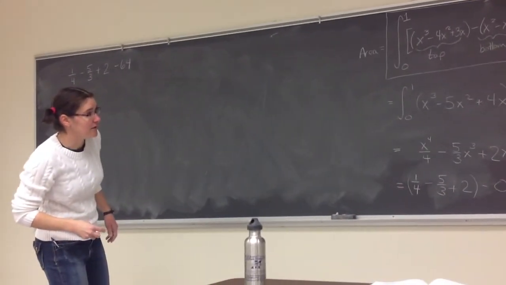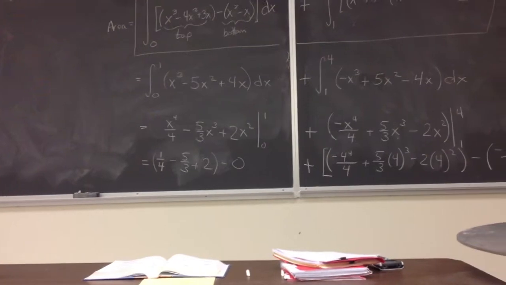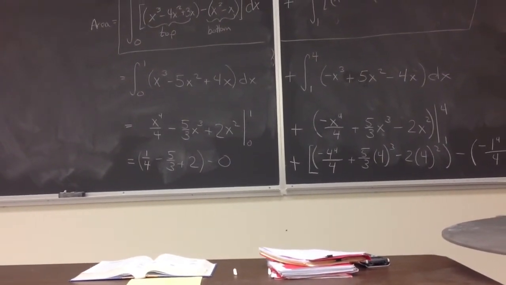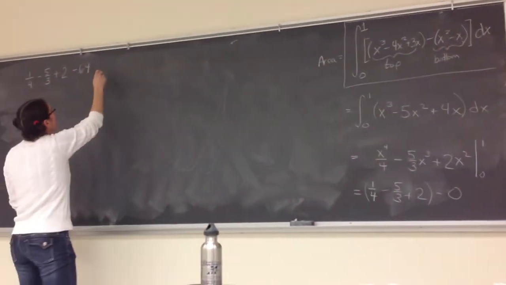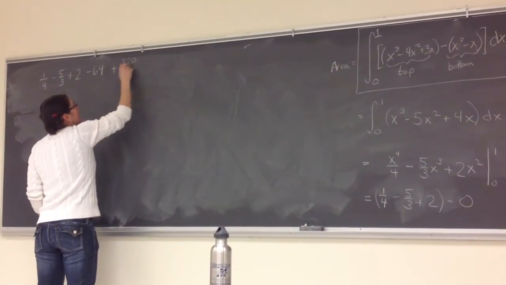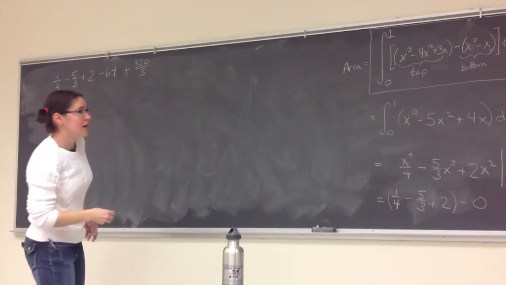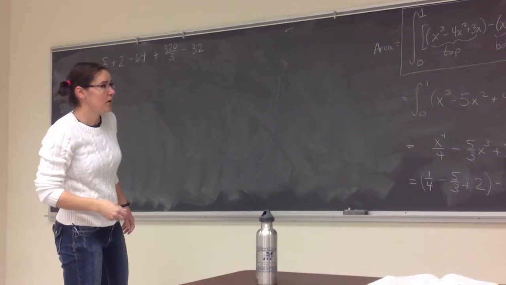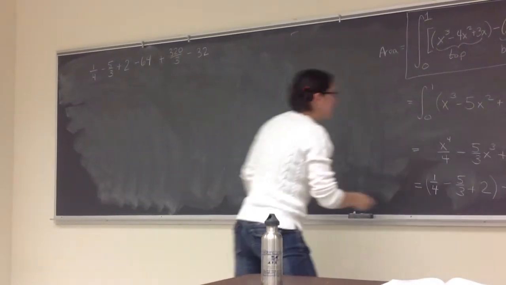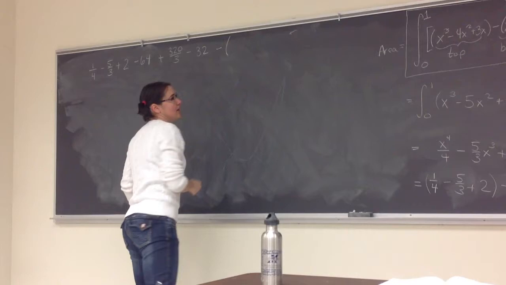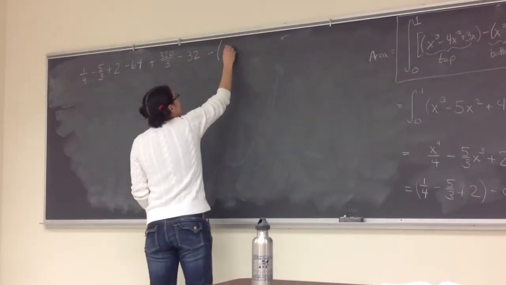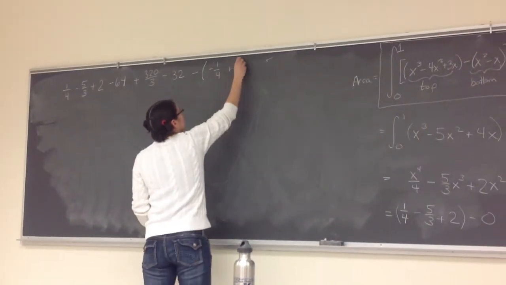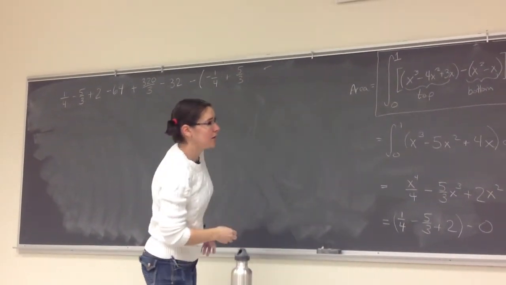We've got 64 times 5 over 3. What is 64 times 5? 320. Okay, so we've got a plus 320 over 3. And then we've got minus 32. And now this last part here, I'm going to go ahead and write this as minus, and then inside parentheses we've got negative 1/4 plus 5/3 minus 2.